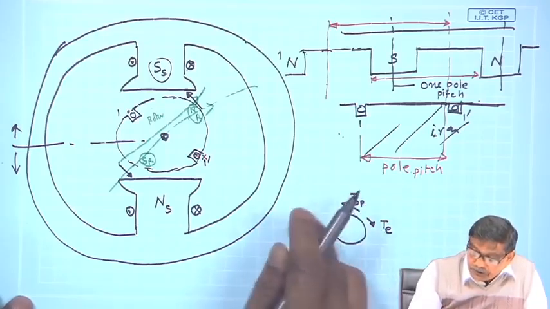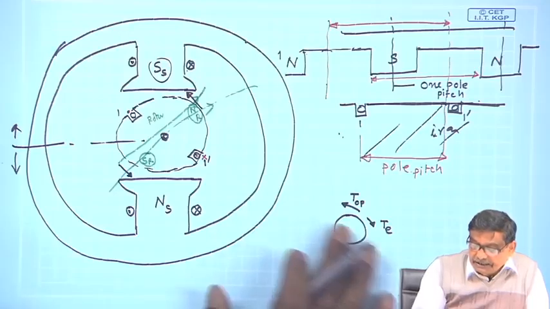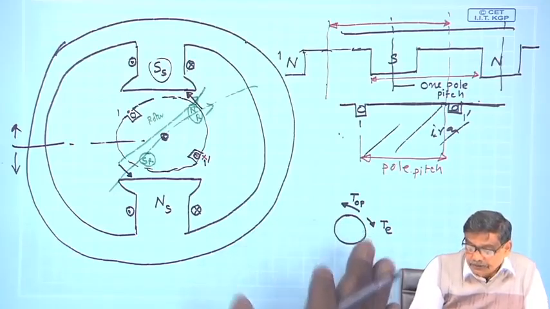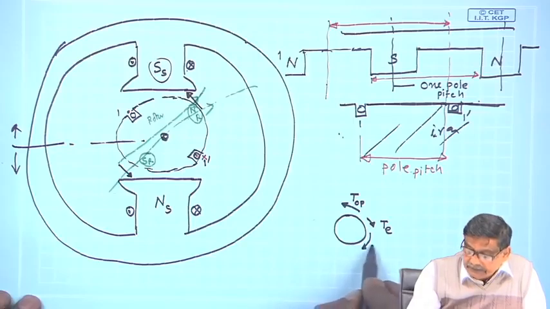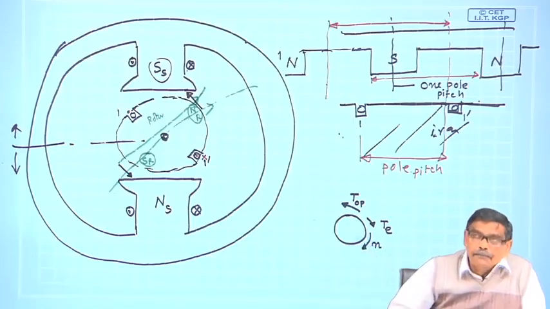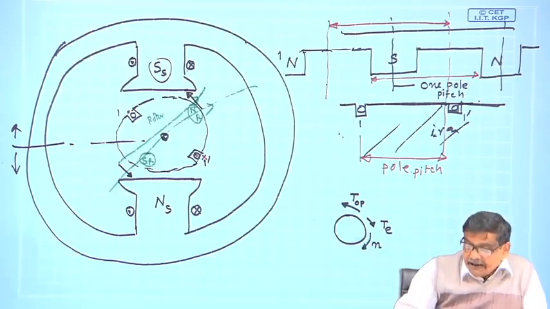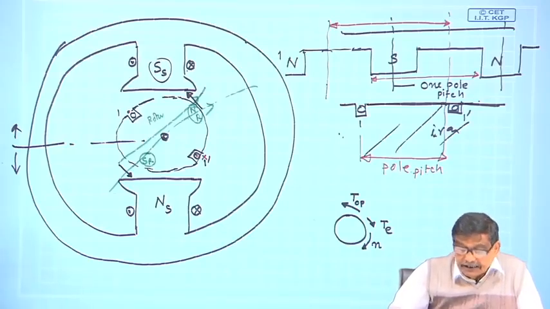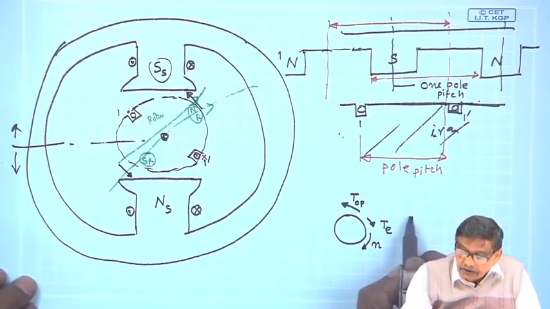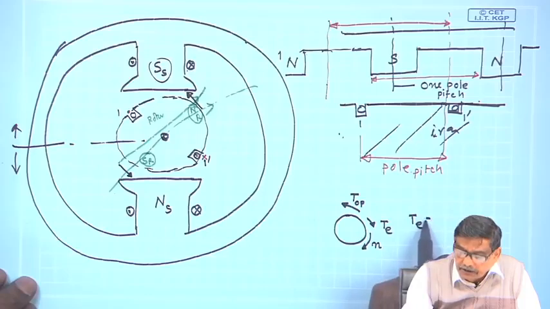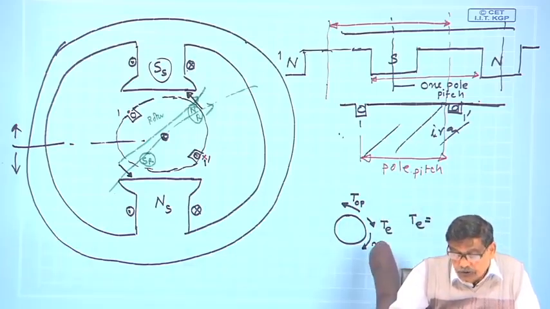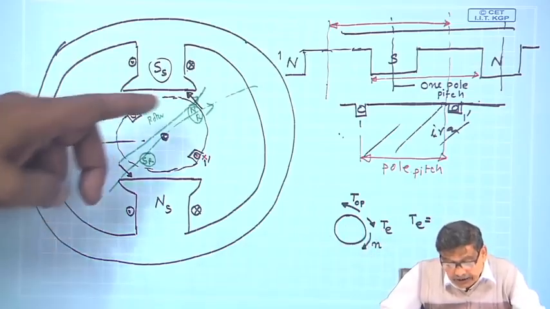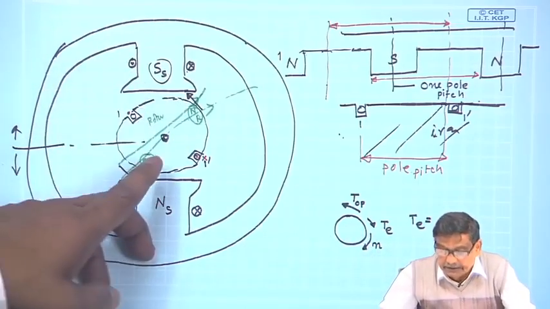Initially there was an imbalance in these two, that is why the machine accelerated to some RPM n, and eventually if it is running at a constant speed, my conclusion will be the electromagnetic torque in the steady state developed by the motor, who creates T, is the interaction of NR, SR and NS, SS.